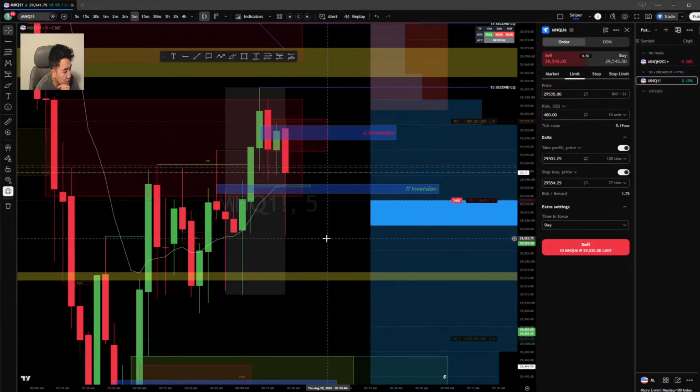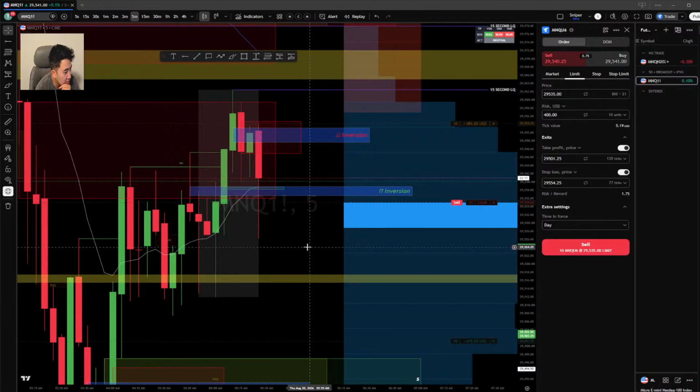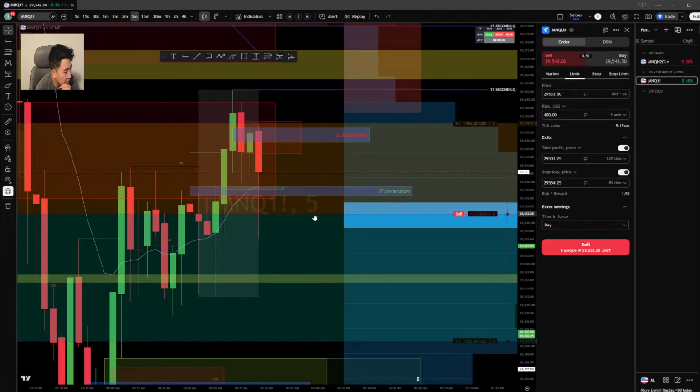And if it can close over this bullish inversion as well, then that'll be good. We'll get in right where it closes. It would have to close below this bullish inversion, and also below this 13 EMA. So at bare minimum, right in this area right here, somewhere below this.